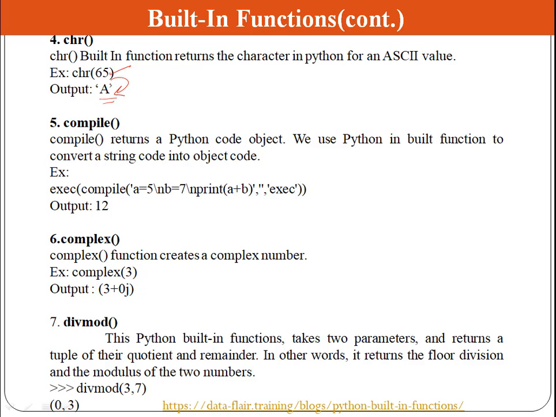Compile. So what is this compile? Compile returns a Python code object. Suppose sometimes you need to write some dynamic code, right? Dynamic code means, let's take an example of a for loop. When you are iterating through a for loop, you are concatenating all the strings together to make a sentence, and that sentence basically becomes your Python code, right? Or let's take one more example.